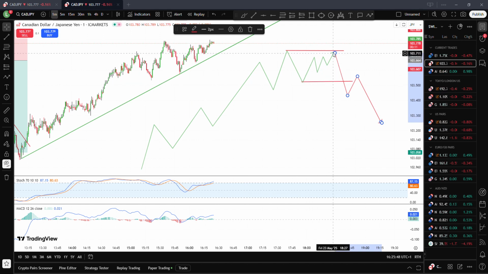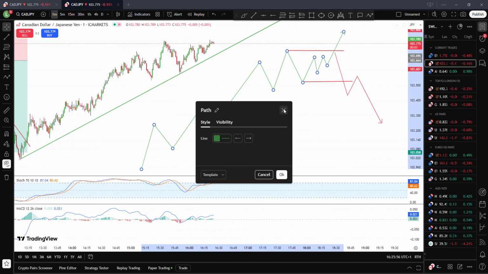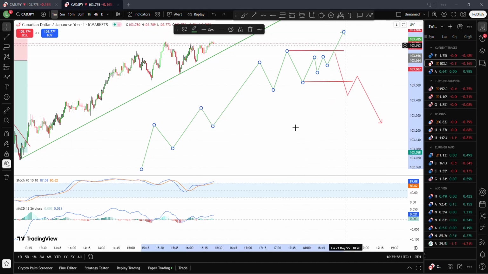If it carried on and made a new high, then you're looking at a continuation. So that is my interpretation of market structure and the higher lows. And I think if you keep it as simple as that, it makes sense.